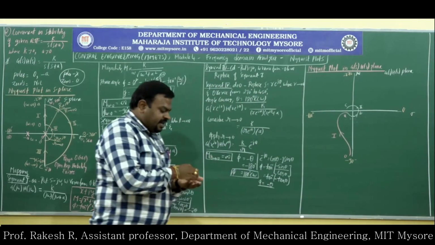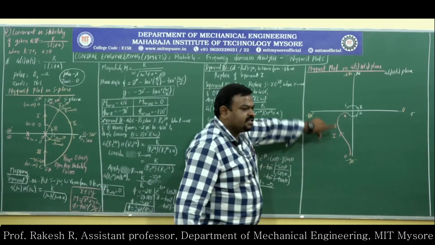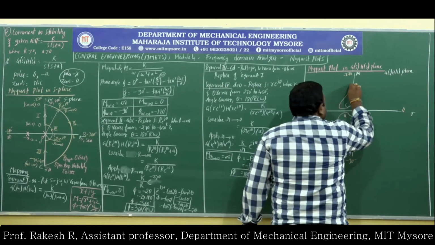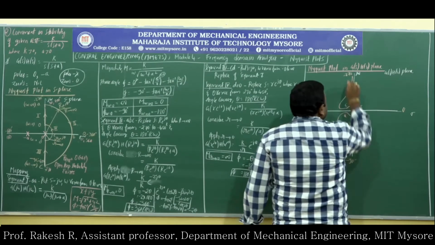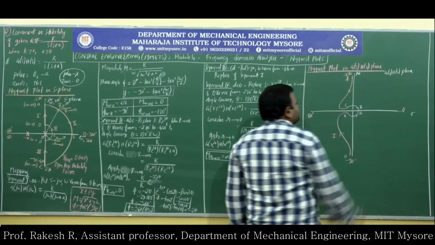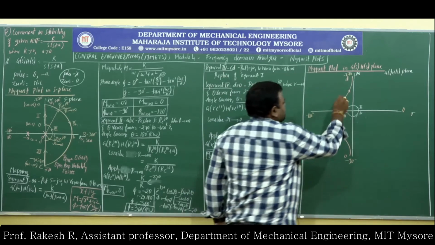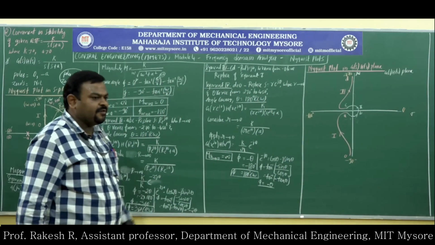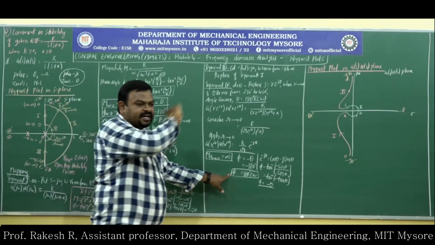What is segment 3? A replica of segment 1. Draw the reverse mirror image here. The same thing. This is segment 3, CD. And what is the last segment? Segment 4 is 180 degree.